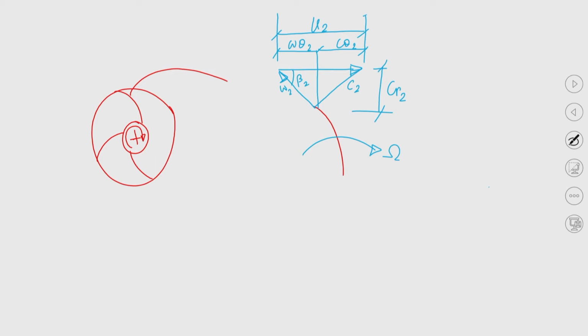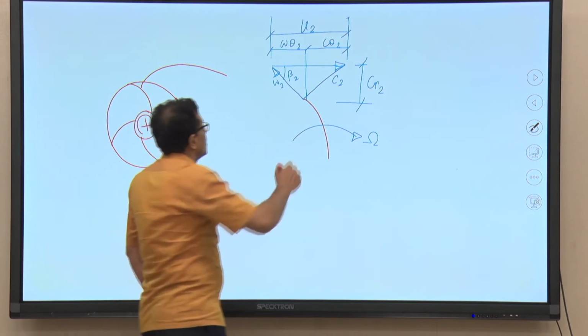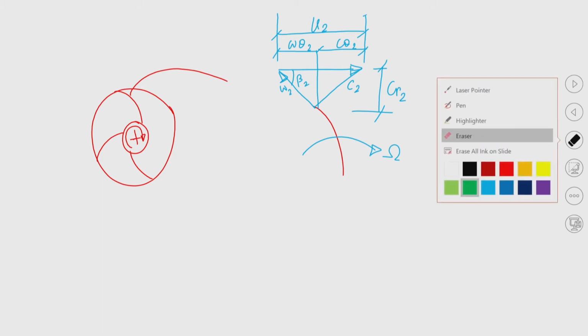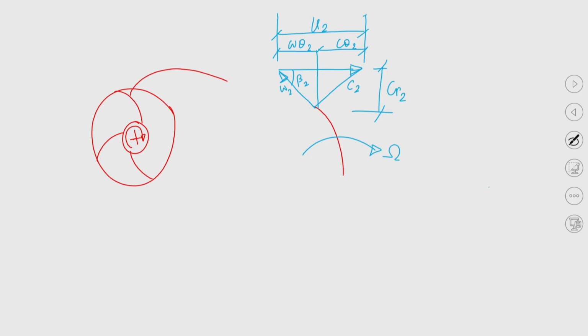So, this mean flow direction will now change because of this non-uniform velocity distribution. Say this is W2 prime and this angle is beta 2 prime.